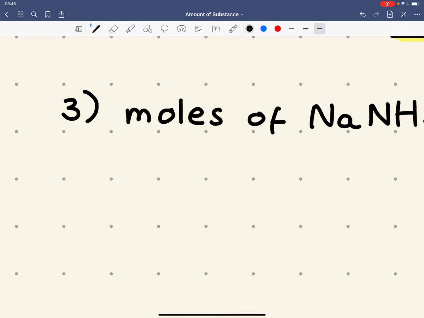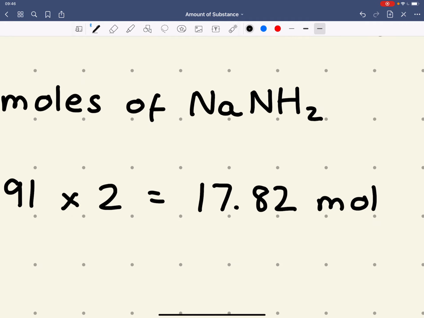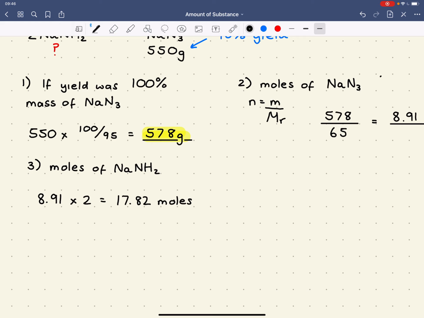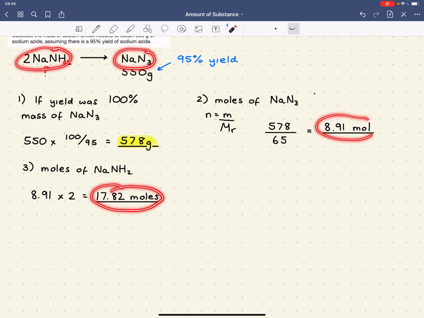We've got 8.91 and we need to multiply that by 2 to give us 17.82 moles. Remember that the moles of this sodium amide has to be bigger than the moles of this here. In fact, it's always going to be 2 times bigger because in the equation you've got a mole ratio of 2 to 1.